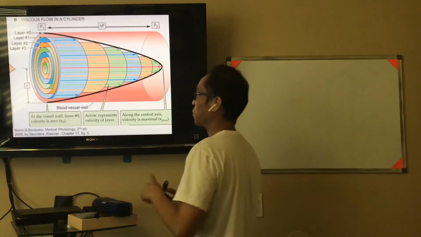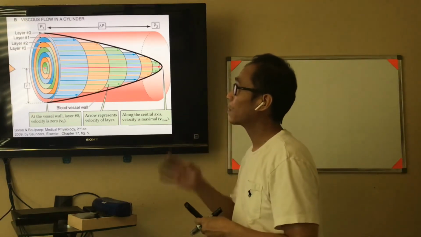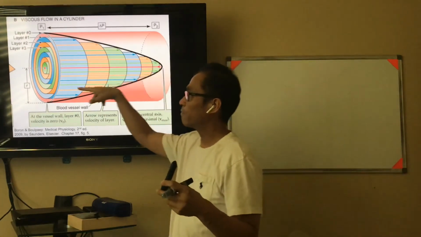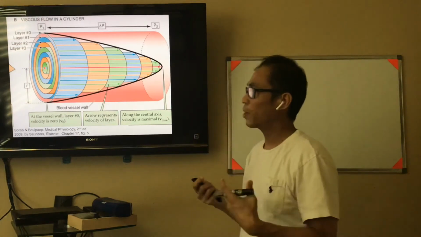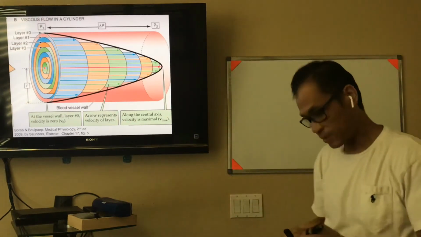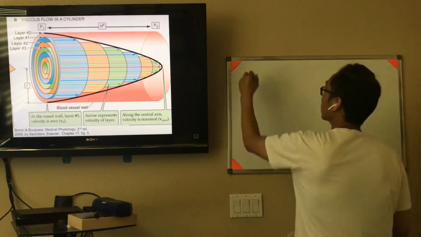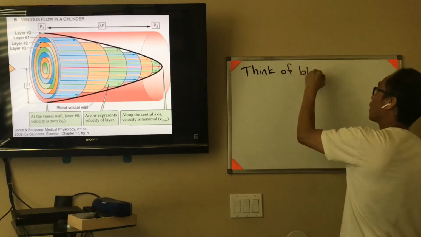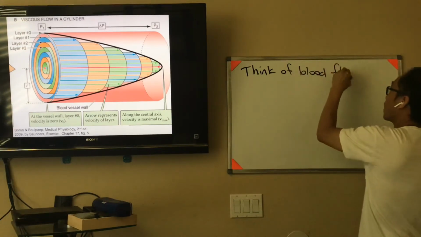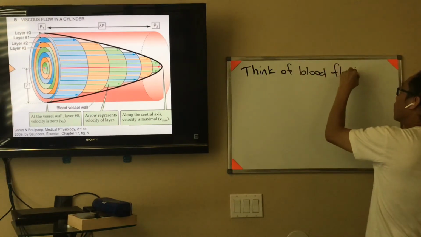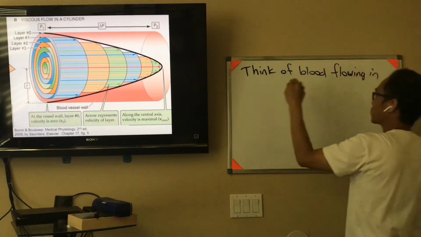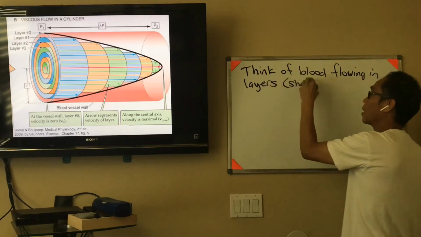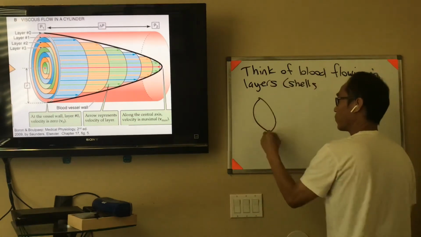Here's the professional picture showing you viscous flow in a cylinder. If you think of a blood vessel and the blood flowing in the vessel in layers, think of blood flowing in layers or shells in a given vessel.